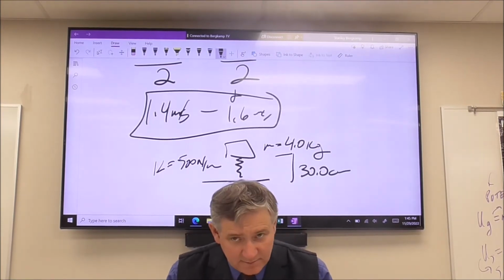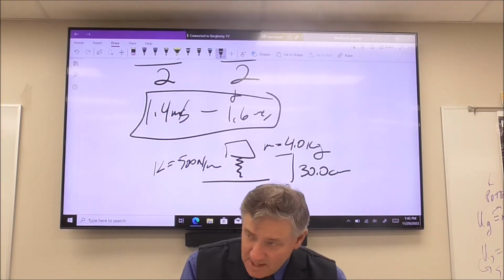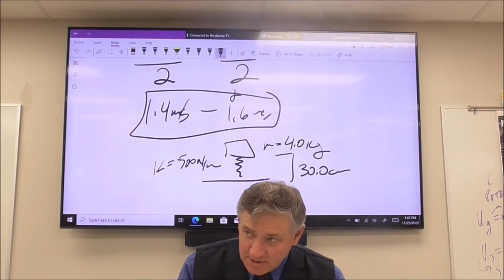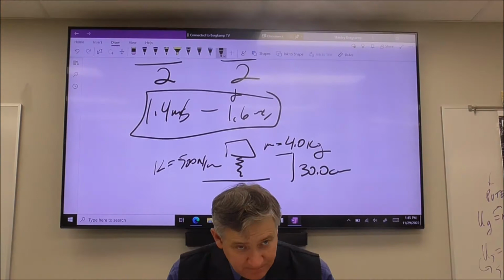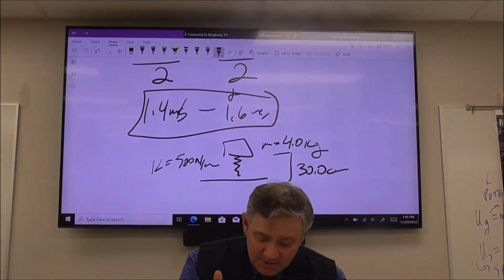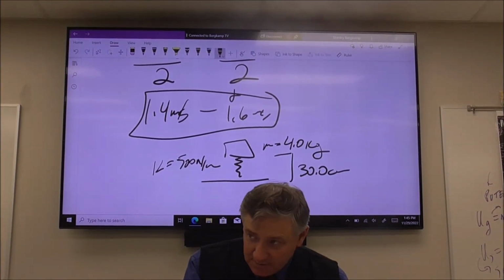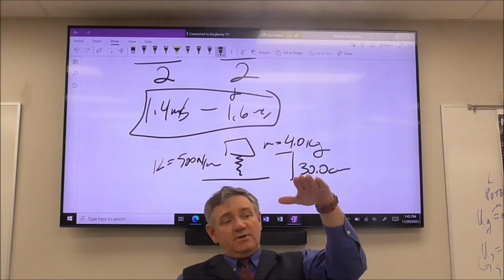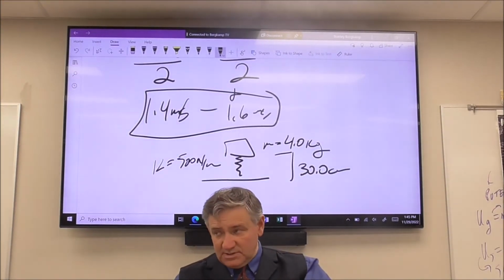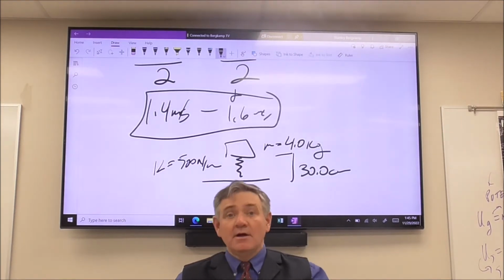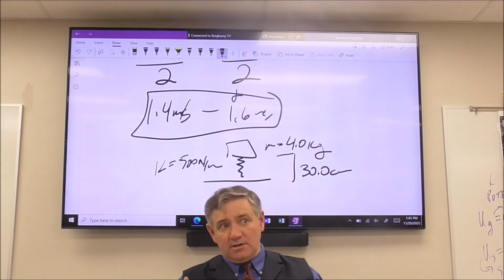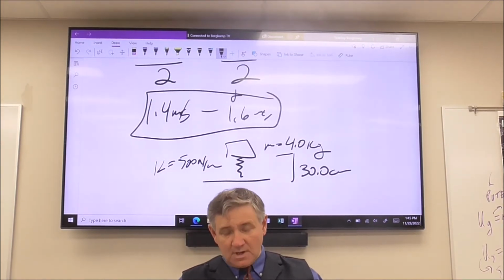So you know the K value, you know it goes from 30 to 20, so you know how much energy you're storing in the spring. Is your UG value going to change? Yes. You're increasing the energy stored in the spring because you're compressing it, but you're decreasing your UG because you're lowering the weight.